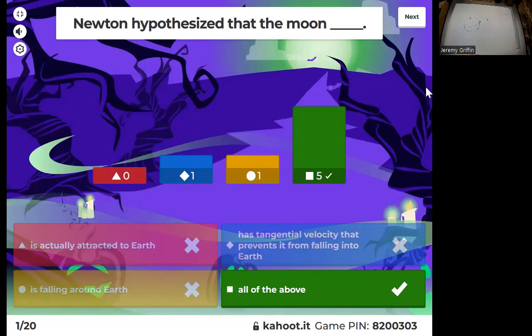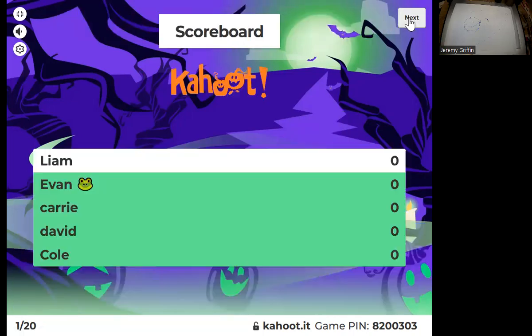All statements are true. Right? It's gravitationally attractive, but also moving to the side at just the right speed to like fall around the Earth and therefore stay in orbit. All right, following around the curvature of the Earth. Look at all those points.